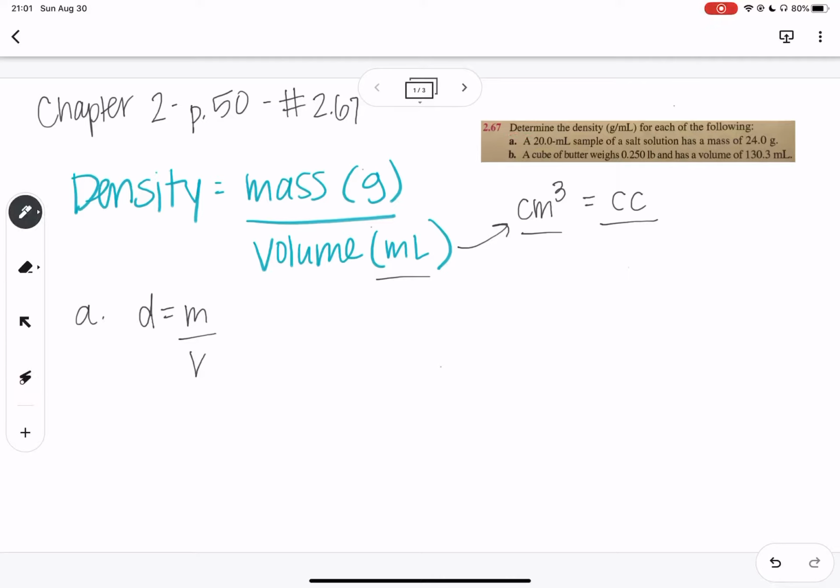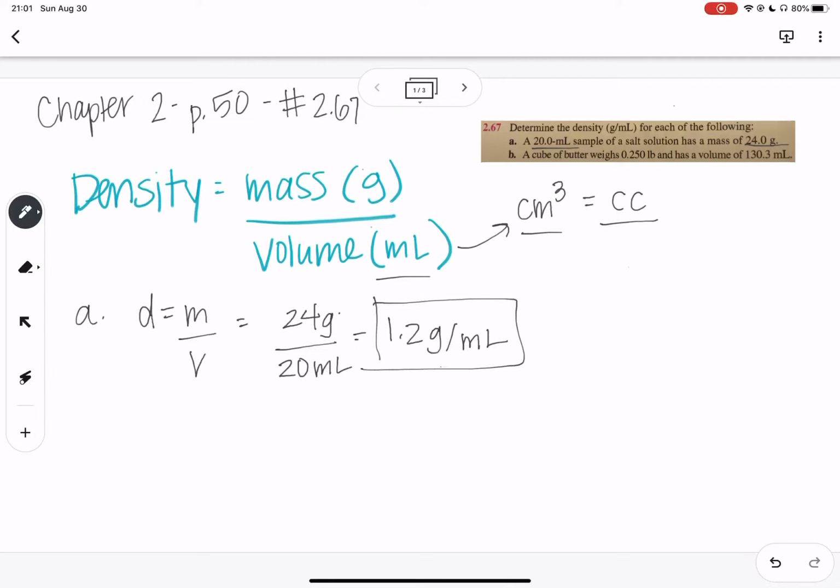My mass given in the problem is 24 grams, so I'm going to write 24 grams here. The volume given in the problem is 20 milliliters. So my units are already correct, grams and milliliters. I just type that into my calculator and I get 1.2 grams per milliliter, and that's the unit.